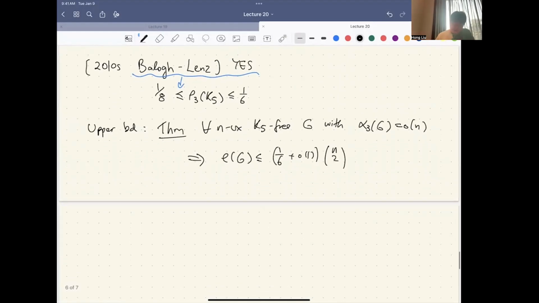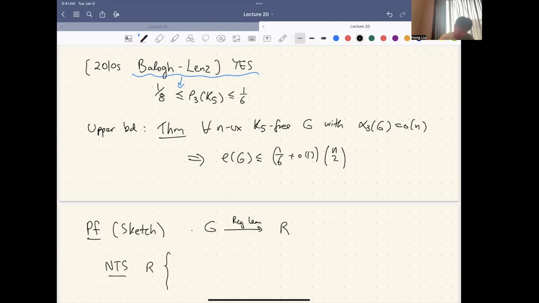So let me prove this upper bound. Just a sketch. If you took my class this spring, this sketch should be easy to follow. You apply the regularity lemma on such a graph G, and you get a reduced graph R. Then we need to show that R satisfies two things.